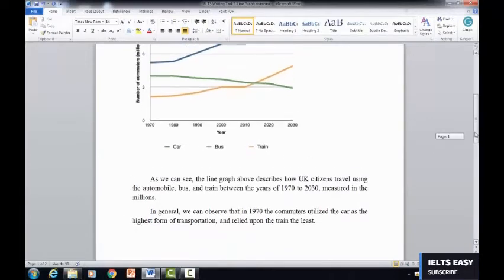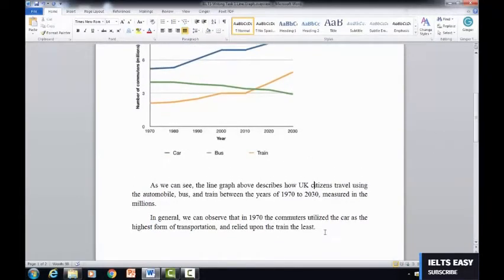So we did 1970. Now we're going to go ahead and do 2030. Car is predicted.